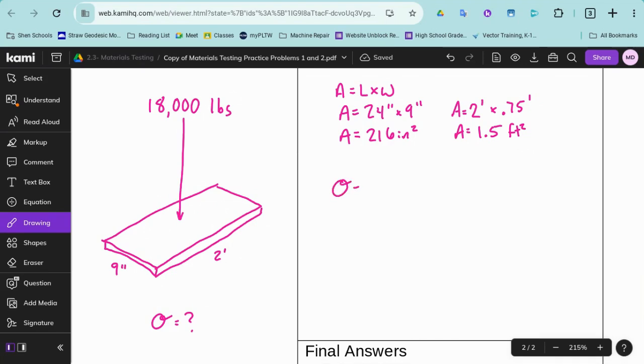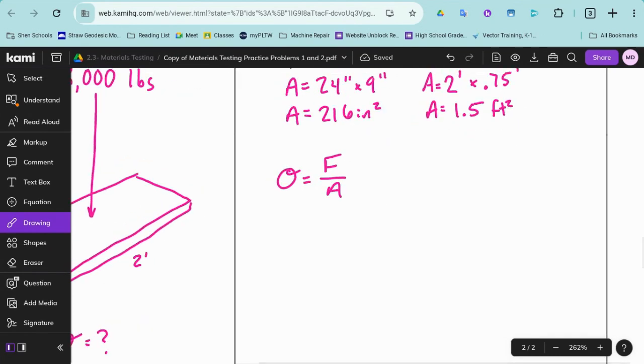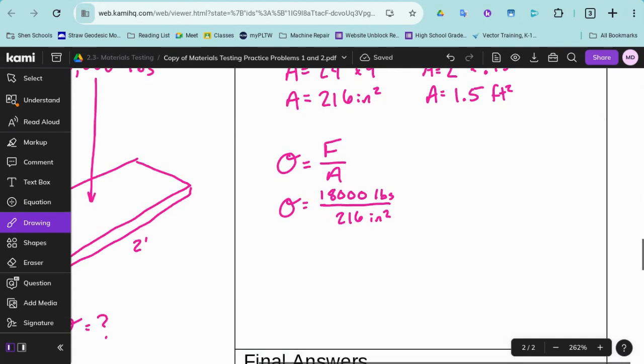Now for my stress formula, stress equals force divided by area. So I can take my 18,000 pounds of force and set that over my area, 216 square inches. And that's going to come out to a stress of about 83.33 pounds per square inch.